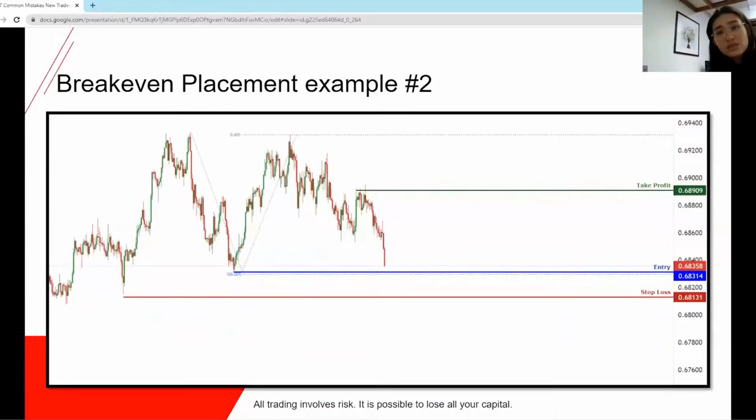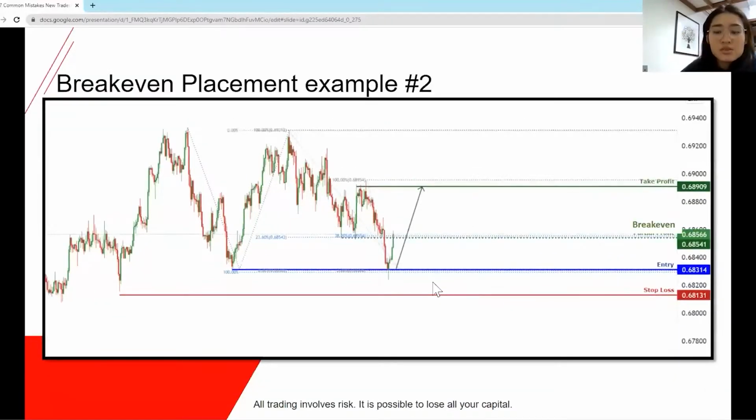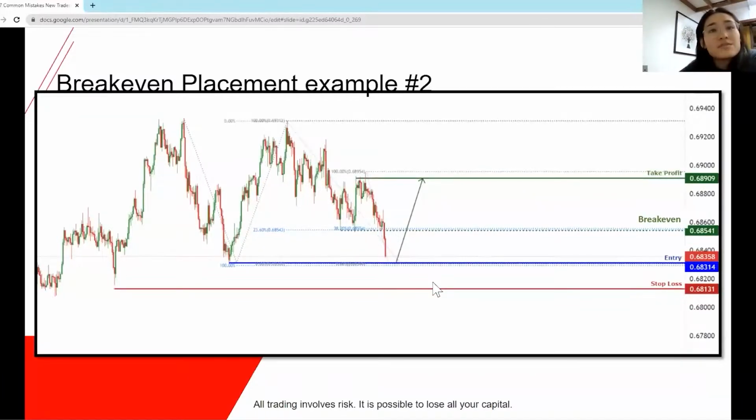Here's another example. Our entry is here. We're expecting price to hit towards our take profit. Here's our break even.